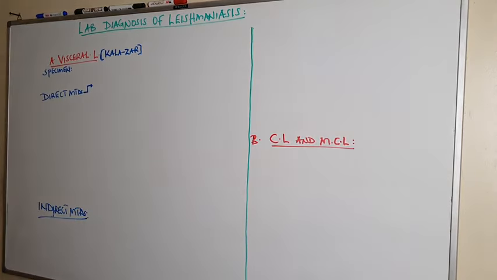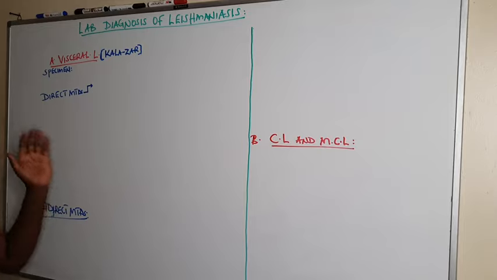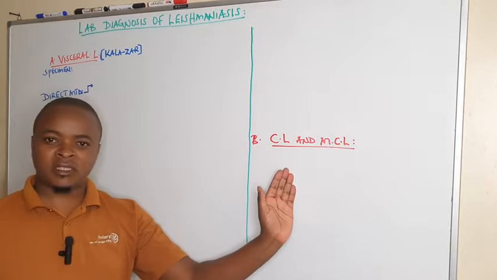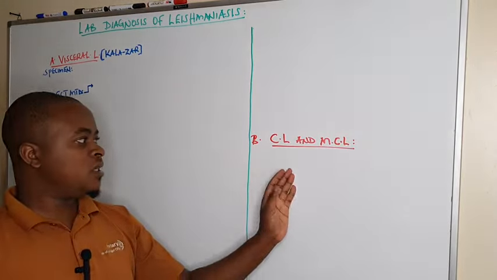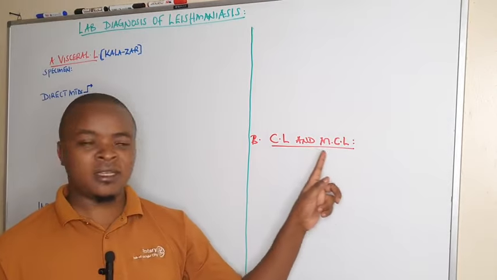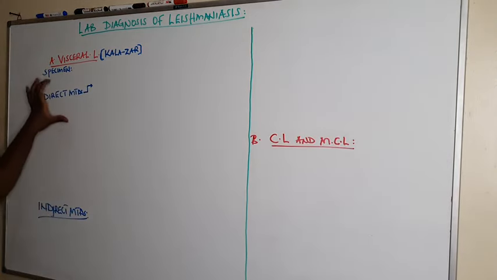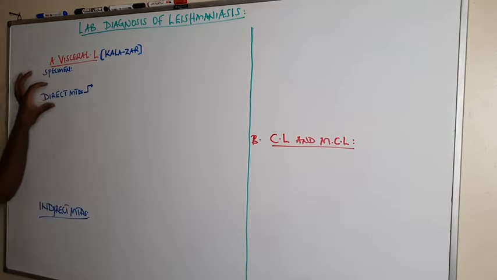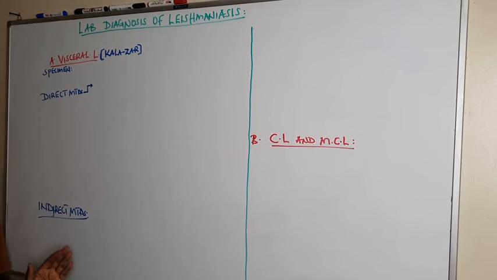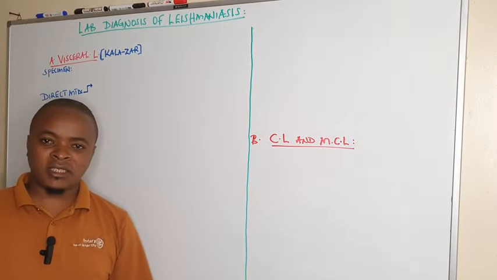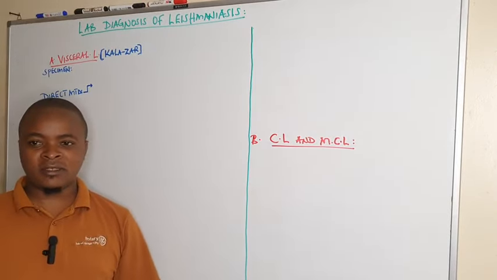Then later, in part B, we shall look at how we can diagnose cutaneous and mucocutaneous Leishmaniasis. And under each, we are going to look at both direct and indirect methods that we can use in the lab for diagnosing Leishmaniasis.